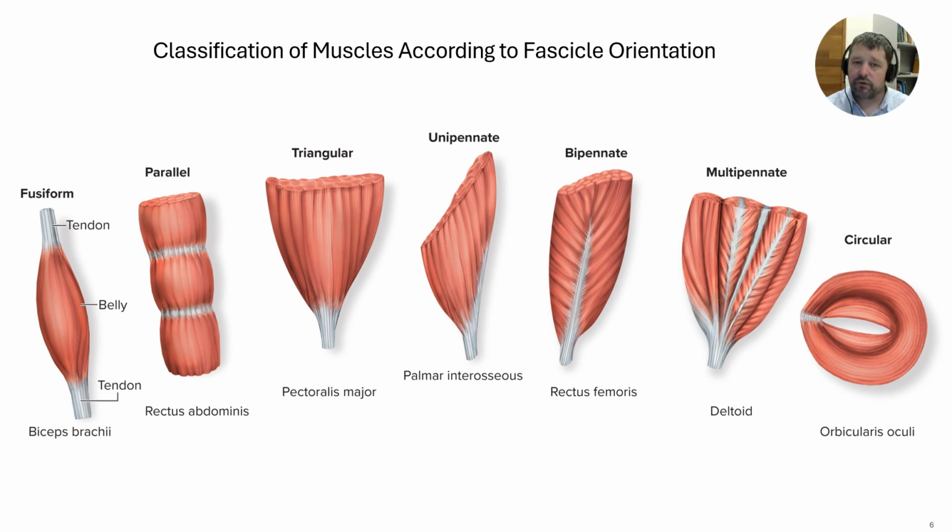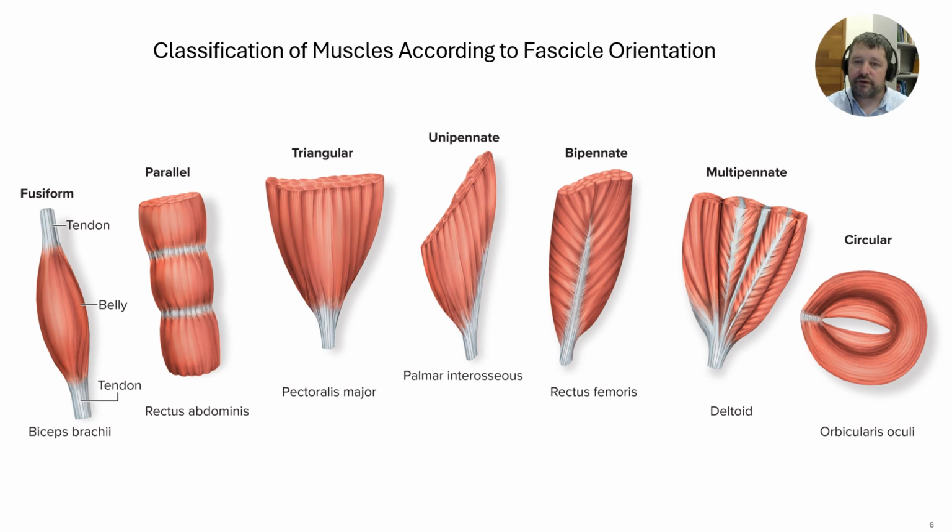Is it triangular, unipinnate? Unipinnate means that you typically have lots of projections coming off of one tendon, and they're all coming off the same tendon.